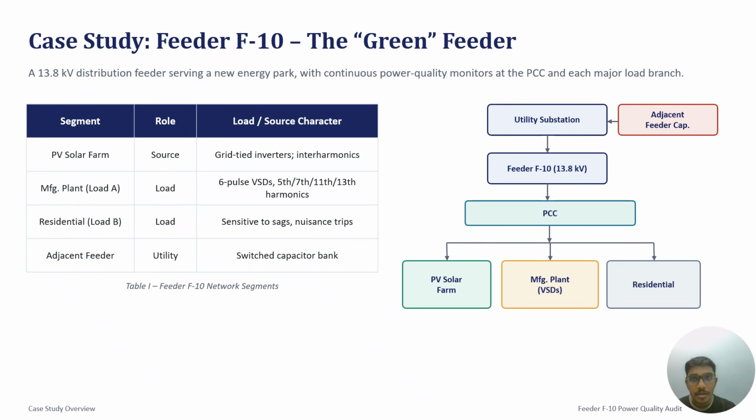Manufacturing plant load A runs 6-pulse variable speed drives that generate 5th, 7th, 11th, and 13th order harmonics. The residential area load B is sensitive to voltage sags and experiences nuisance tripping, and the adjacent feeder contributes a switched capacitor bank used for voltage support. This mixed network is exactly the kind of multi-source, multi-load feeder our framework is designed to handle.